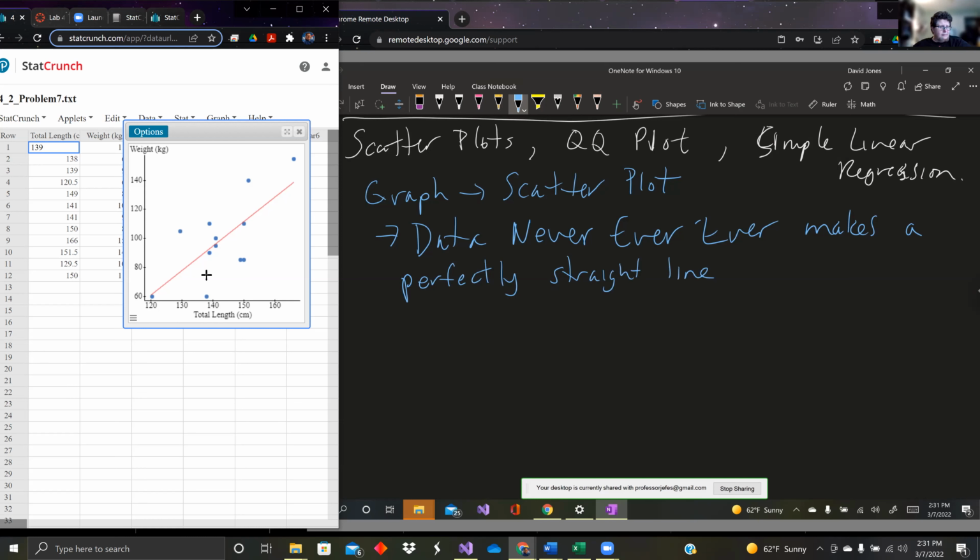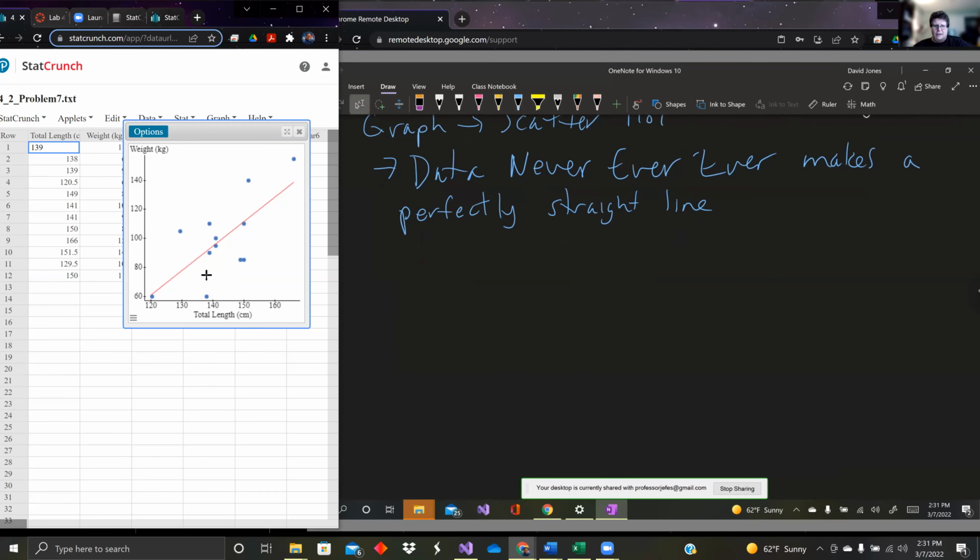But as we can see here, in some cases, as it's going from left to right, the dots are kind of all over, but the dot on the right is pretty high. And there's dots on the left that are kind of low, and there's dots in the middle that are kind of like that way.